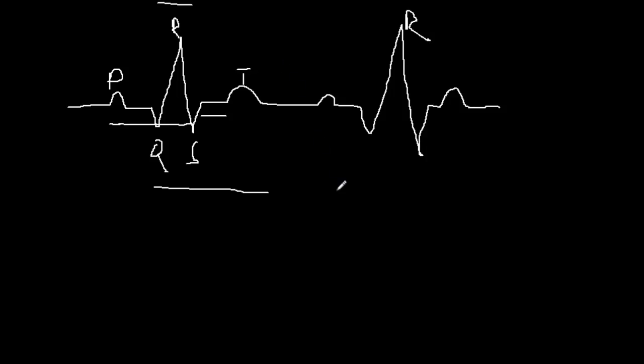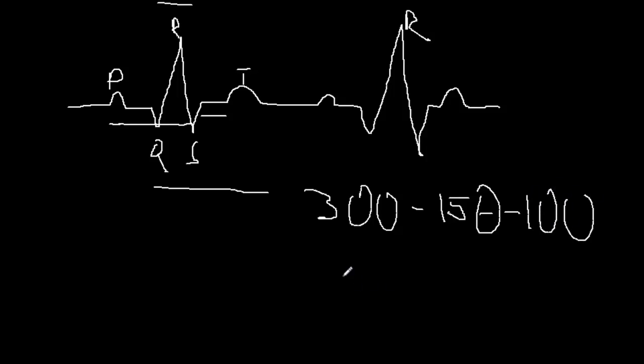Now, if you read Dubin's, he has a method for quickly calculating your heart rate, and that's to use the numbers 300, 150, 100, and then 75, 60, and then 50.